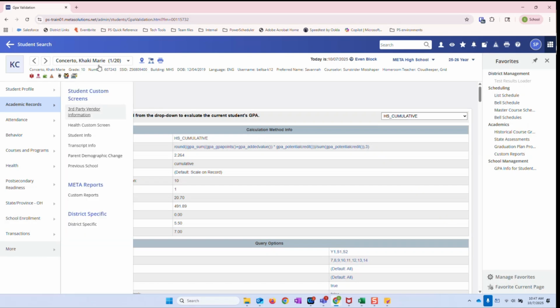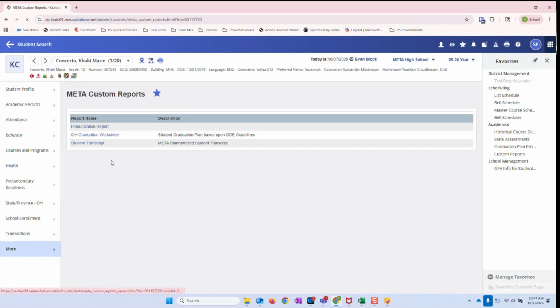All right, using our same student here, I'm going to go to our transcript for this student. So you will find any high school student's transcript on the More menu down here, More Meta Reports. The reason is that these are dynamic reports that were created by our team members, and can and will eventually be used for other types of reports.